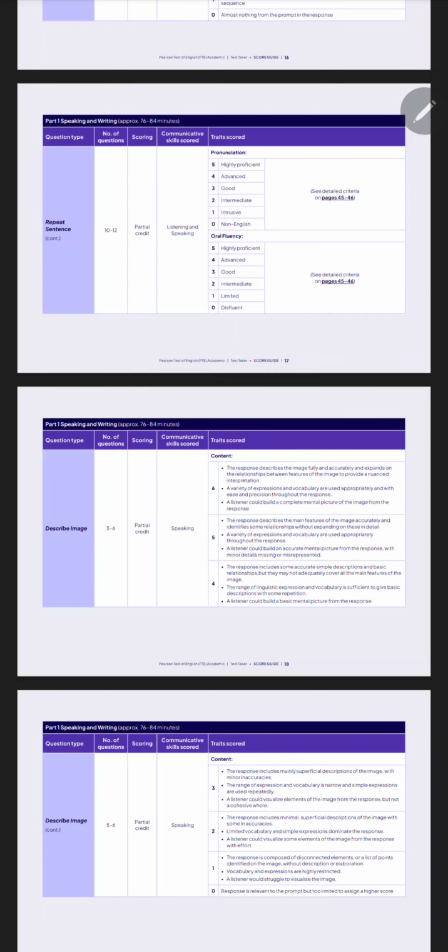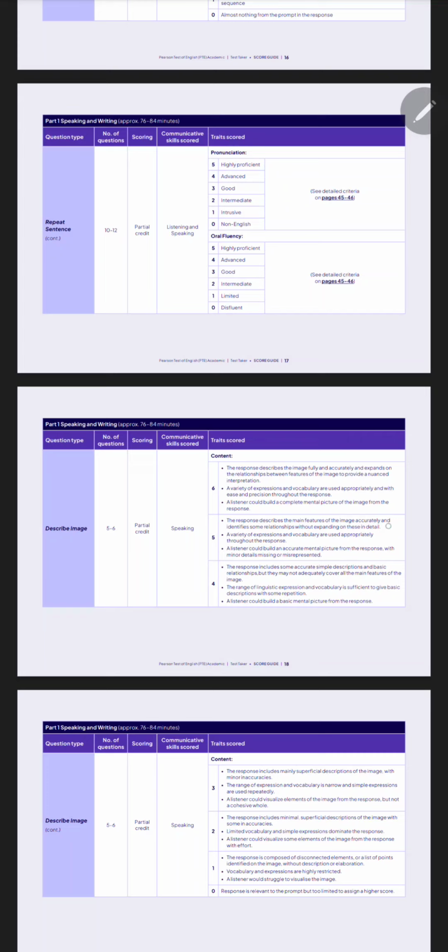Let's see how to score 6 in this part. The response describes the image fully and accurately and expands on the relationships between features of the image, blah blah blah. Oh, too many things to work on, but a variety of expressions and vocabulary are used appropriately and with ease and precision throughout the response.